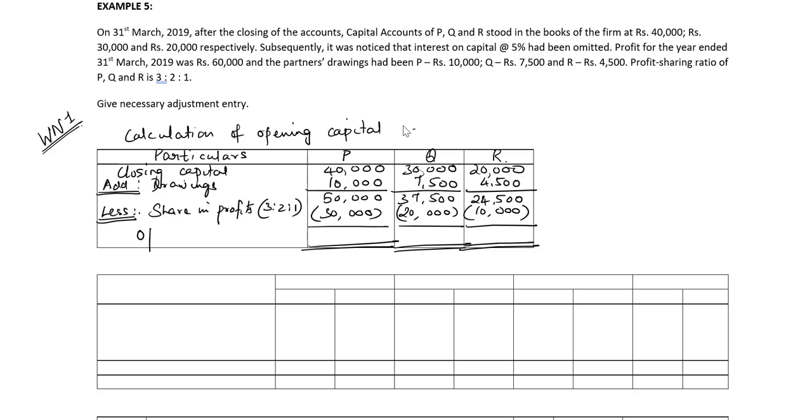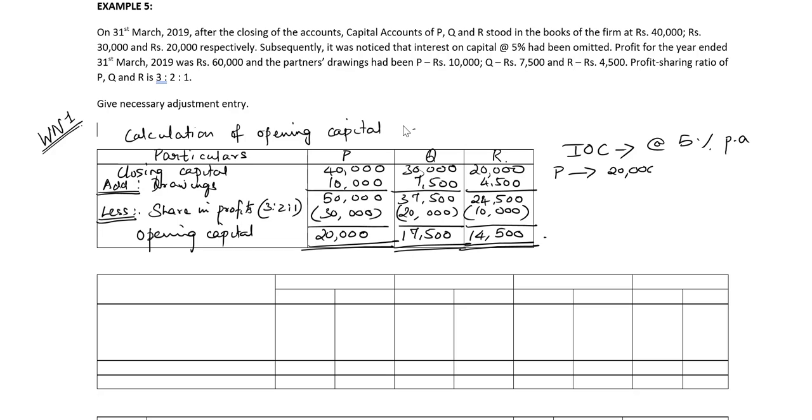The final answers of opening capital: in the case of P, it's rupees 20,000. In the case of Q, it's 17,500. Whereas in the case of R, it's 14,500 rupees. Applying the rate of IOC at 5% per annum. For P, it is 20,000 into 5 divided by 100, which is equal to rupees 1,000.